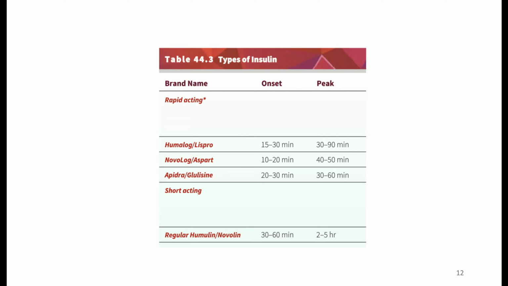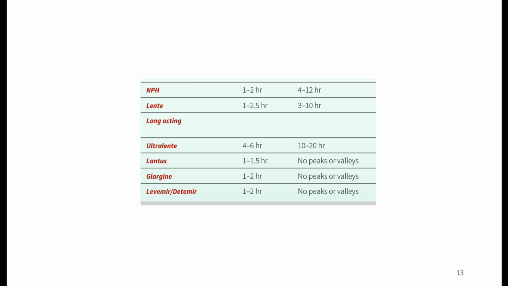So that's the reason why you need to know by heart the onset and peak times of rapid acting and regular insulin. These are the onset and peak times of intermediate and long acting insulin.